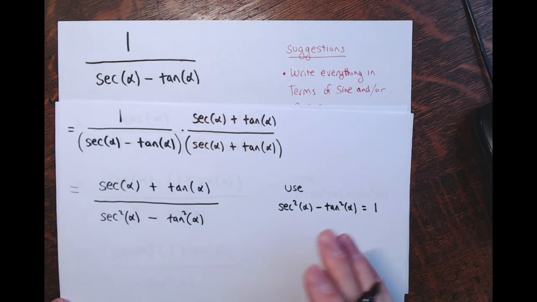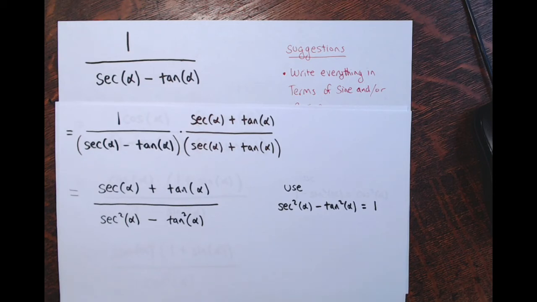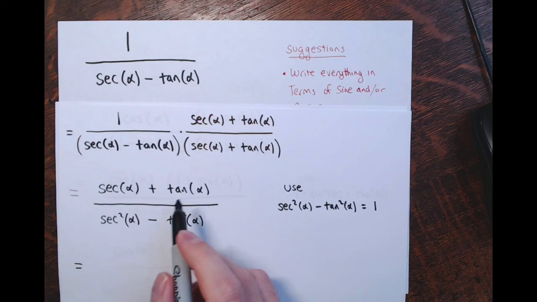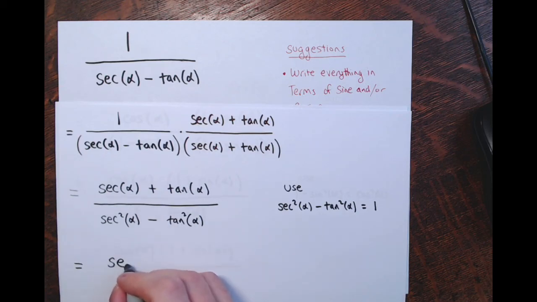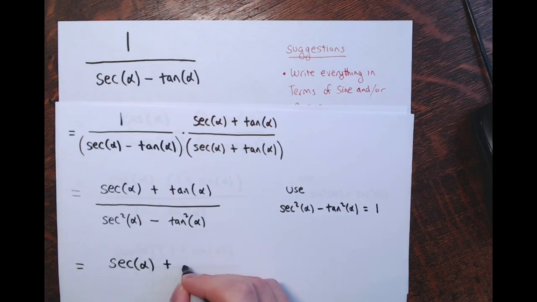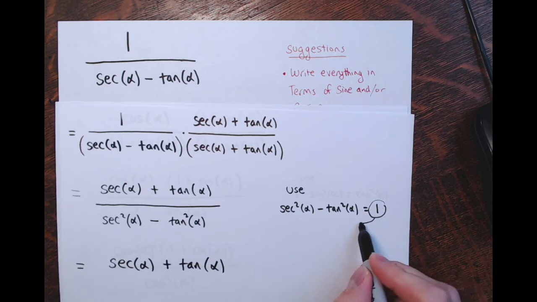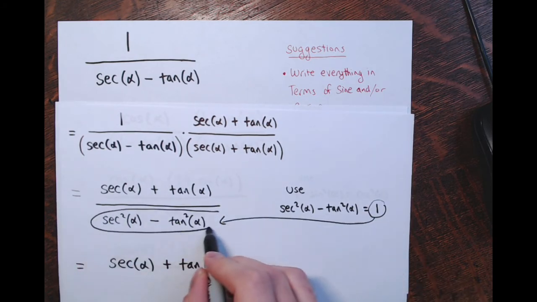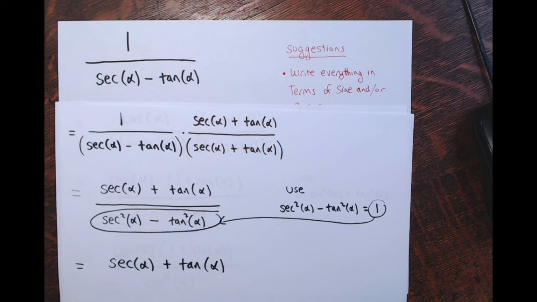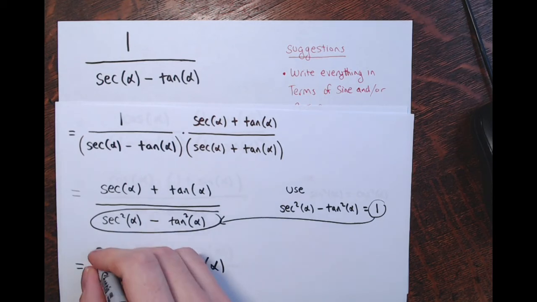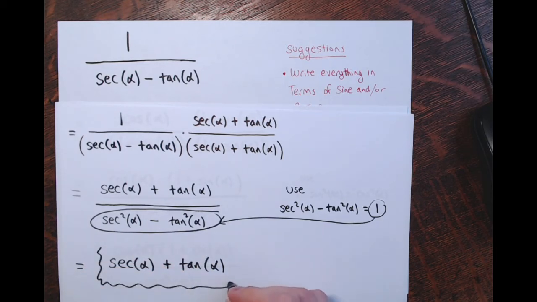All I did was take that Pythagorean identity, 1 plus tangent squared equals secant squared, and subtract tangent squared from both sides. So now the numerator is secant alpha plus tangent alpha, and the denominator is 1. That is replacing that, and there's no need to write divided by 1.